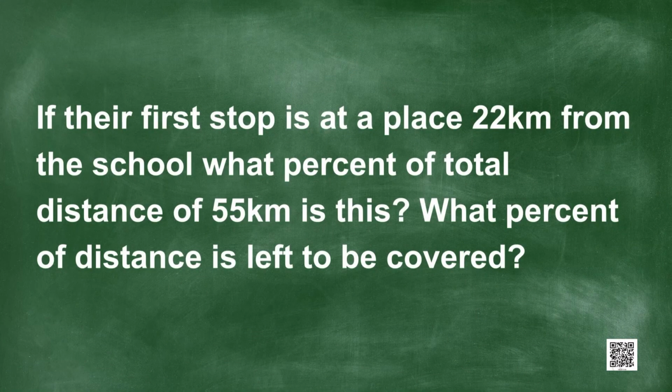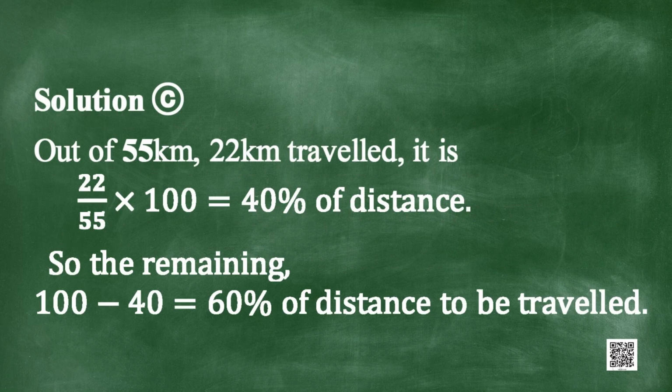Yes students, finally let us solve the last one. In the last question, it is given that if their first stop is at a place 22 kilometers from the school, what percent of total distance of 55 kilometers is this? What percent of distance is left to be covered? Students, out of 55 kilometers, 22 kilometers is travelled.